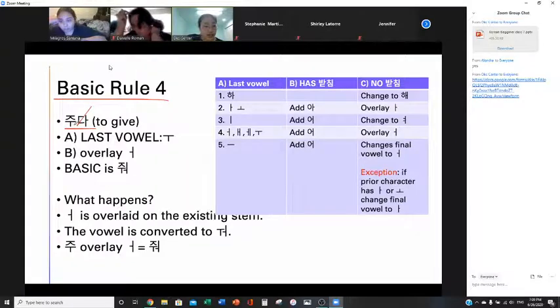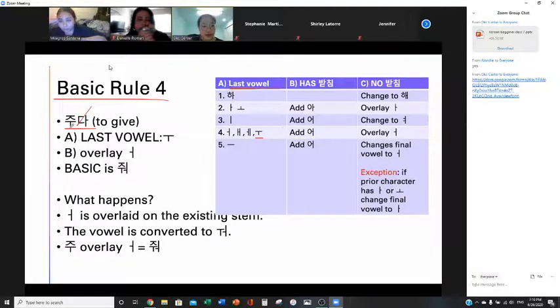And when you look at the stem, you see the last vowel, which is u, or other than u, whenever you have an o. You will see the last vowel like this, and then see if it has a pachim or not.